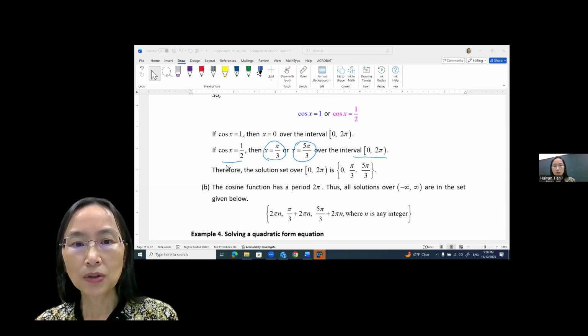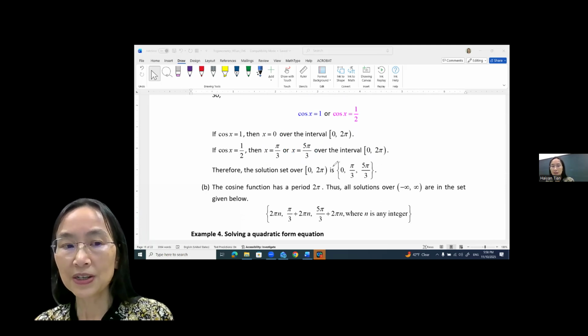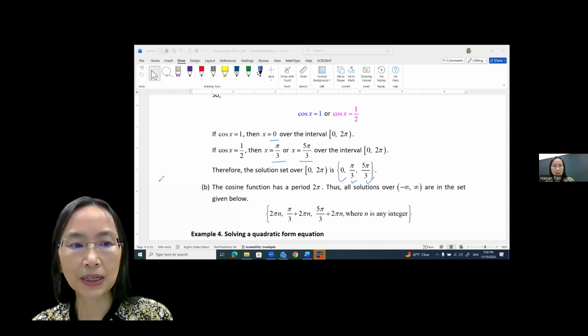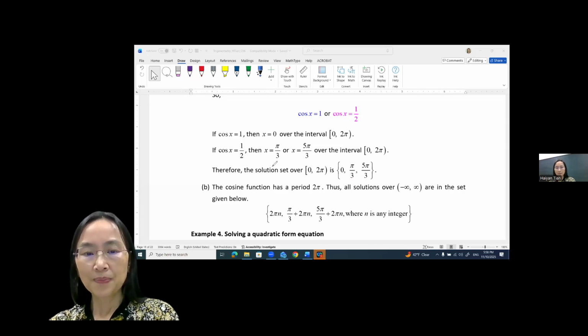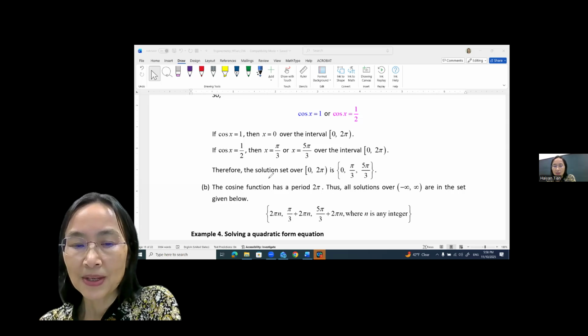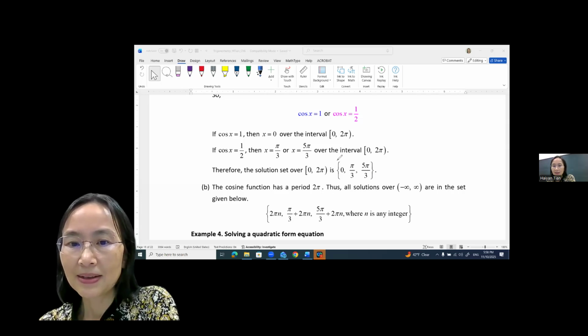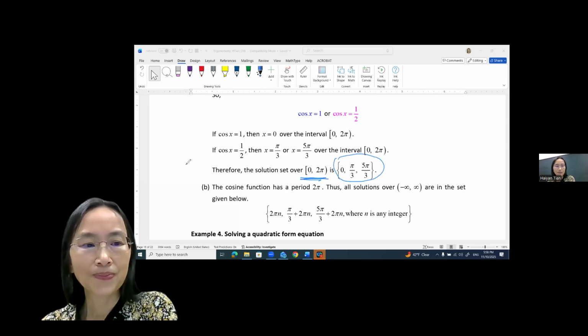Therefore, the total number of solutions is 3. We have 3 solutions: 0, pi over 3, 5 pi over 3. So all 3 are possible solutions. So we call it the solution set. This is the set of all solutions from that interval.